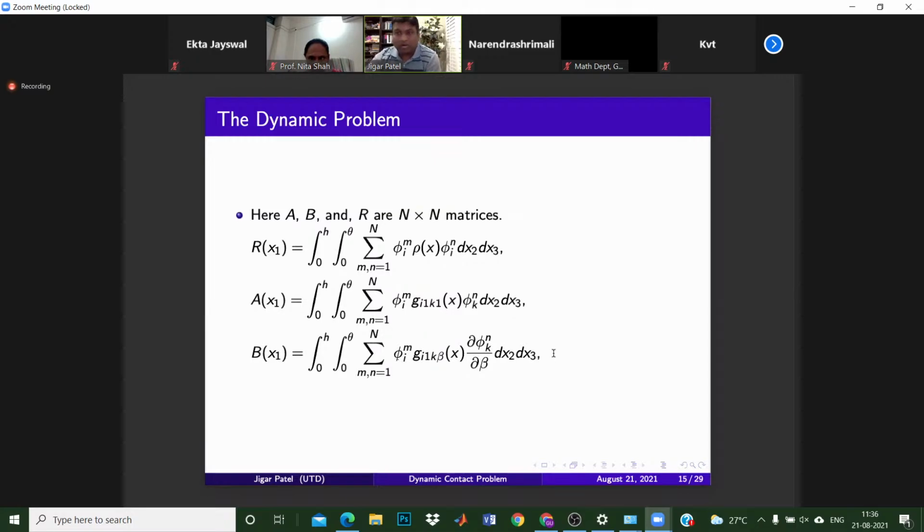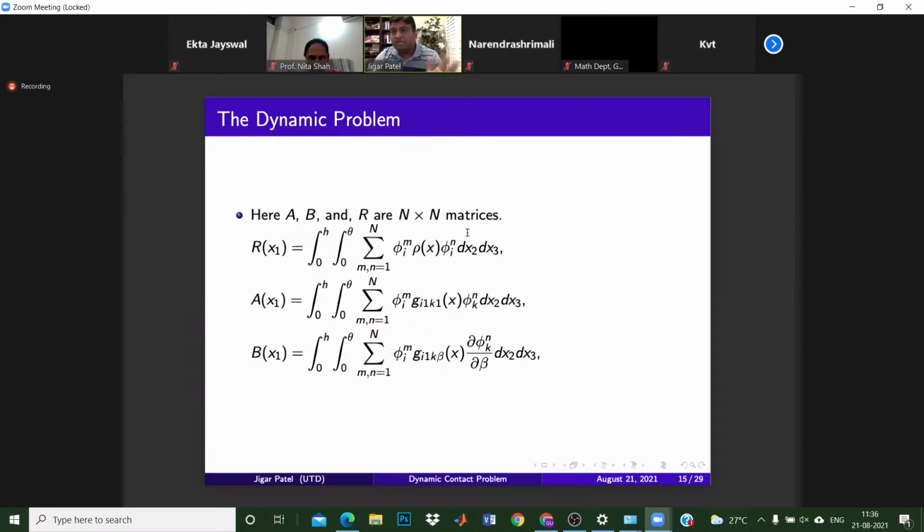I mean, we can call them matrices. As I said, we already started doing discretization. So r of x1 is this double integral, and a of x1 is this integral. As you see, we are integrating this interpolation function with sigma, with that tensor product.